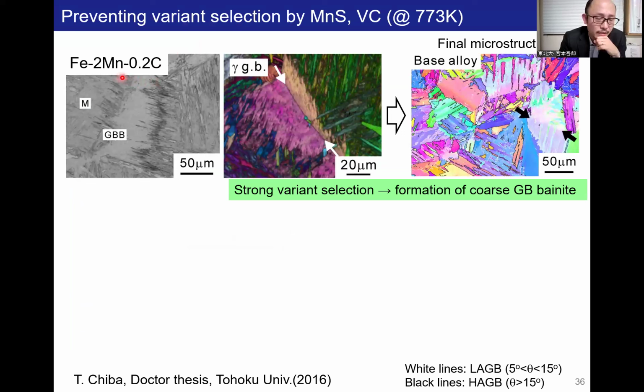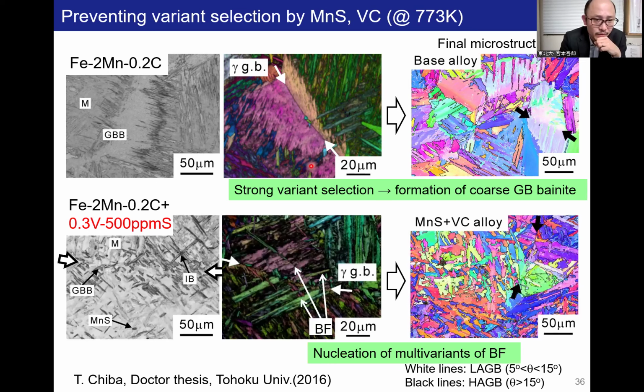In the iron-manganese-carbon case, strong variant selection takes place, and a single variant is formed from one austenite grain boundary, and a coarse grain boundary structure forms in the final microstructure. However, when we add a small amount of vanadium or sulfur, which forms vanadium carbide and manganese sulfide, then variant selection is significantly weakened, as shown in this figure. And in the final microstructure, the coarse grain boundary bainite is suppressed.